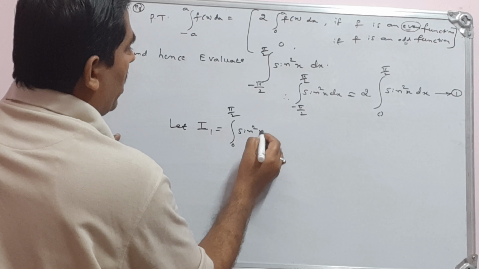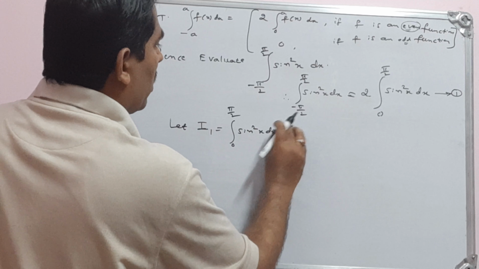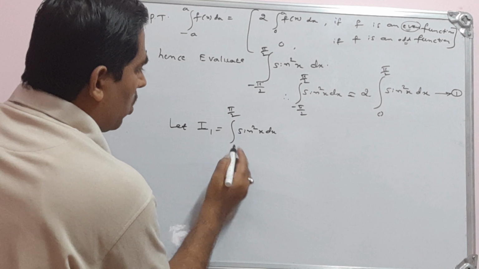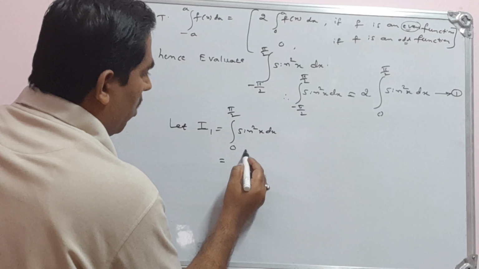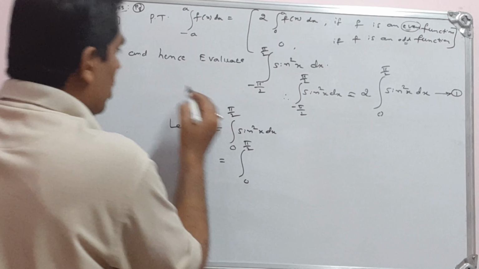So that is the integral of sin square x dx from 0 to pi by 2. Now we have to apply another property. So what is the property?